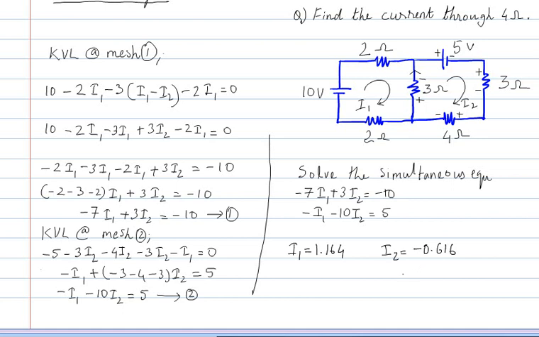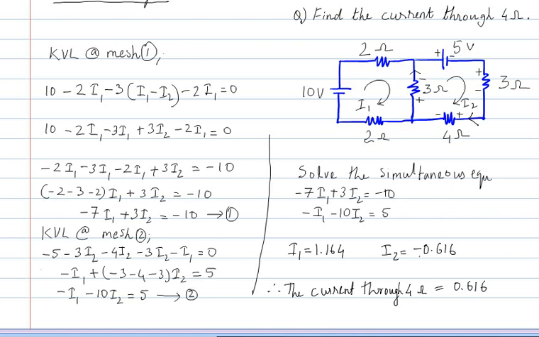So once we get I2, we are able to say that the current that is flowing through 4 ohms is going to be the current I2, which is, therefore the current through 4 ohms is equal to 0.616. You might be asking, why didn't I write the minus here?